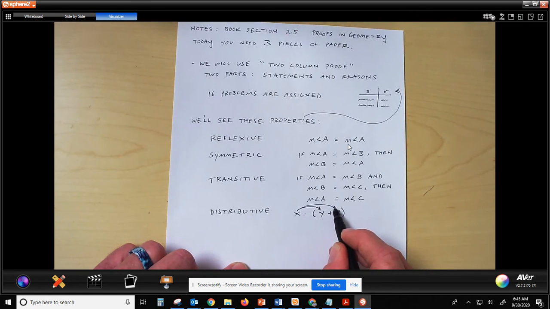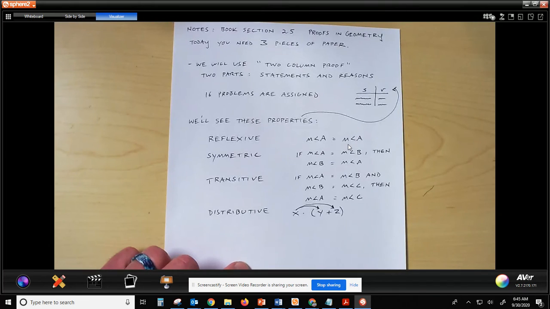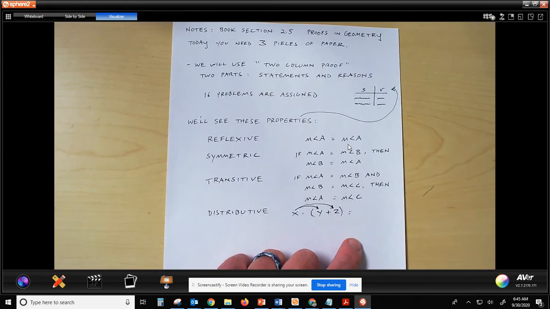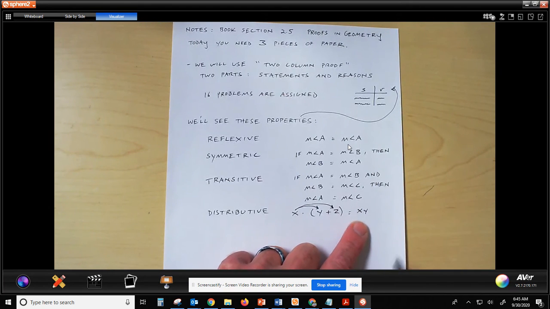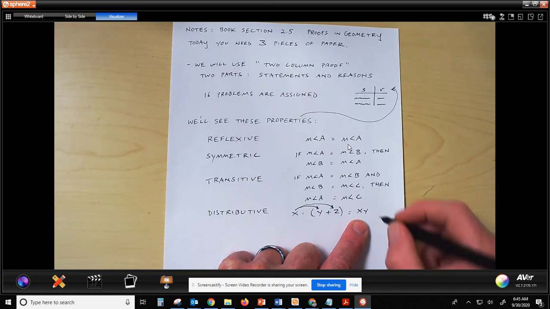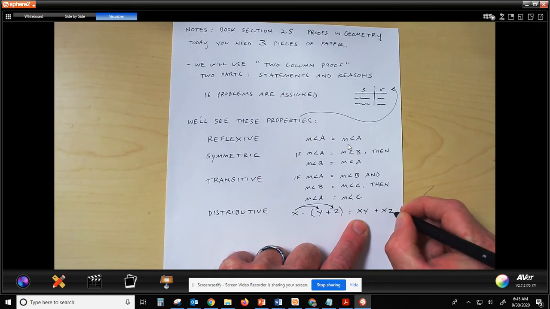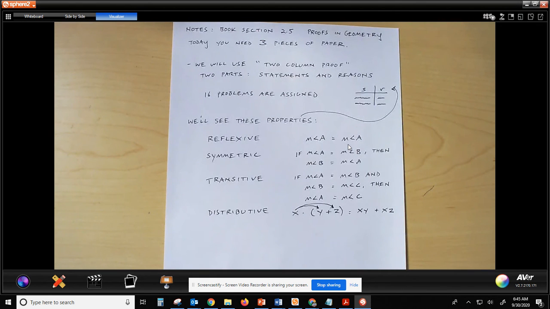I'm going to multiply each individually in the parentheses by x. So this is equal to x times y, implied multiplication, writing two variable letters next to each other, plus x times z. That's the distributive property. And we will see this go in the opposite direction today.